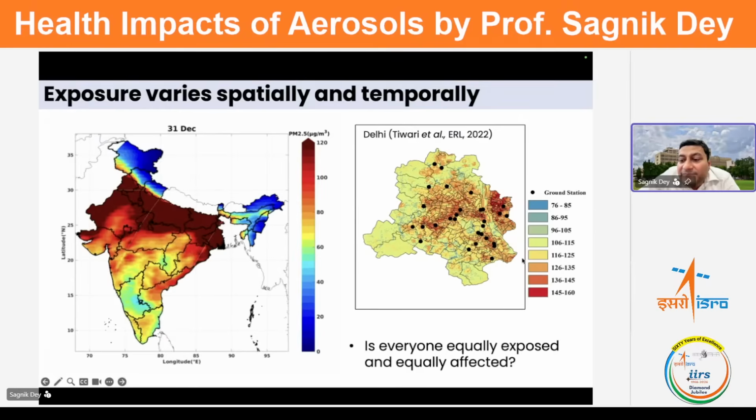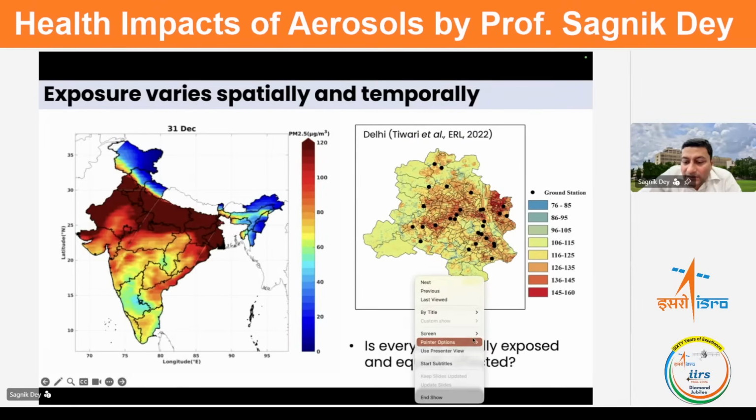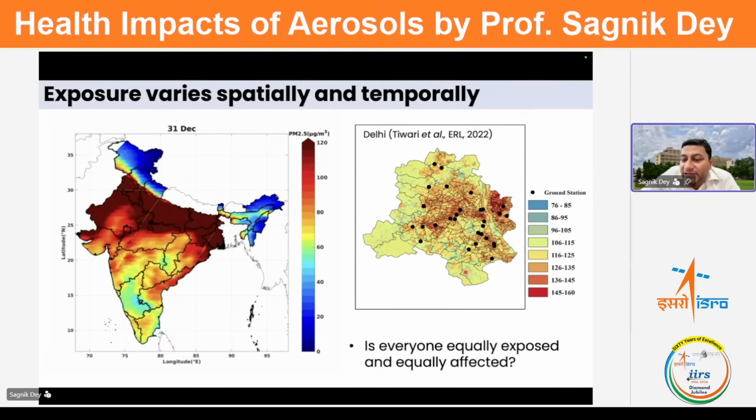Even within Delhi, if you see the long-term average, this is where IIT Delhi is, where your annual concentration is somewhere around 60s to 70 microgram per cubic meter, versus some parts of Delhi where your annual concentration is 130 plus. So even within Delhi, people's exposure varies from 70, 75 microgram per cubic meter to 130, 140.